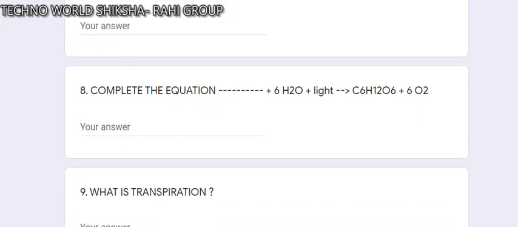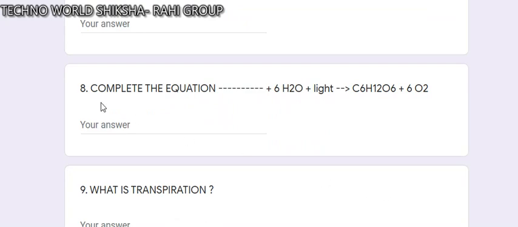Next we are moving to your question number 8. Now complete the equation. I think you very well know that this is the equation of photosynthesis. I have discussed it in the above question also. Dash plus 6 molecules of H2O plus light is equal to C6H12O6 plus 6O2. So as you know, the raw materials are carbon dioxide and water.